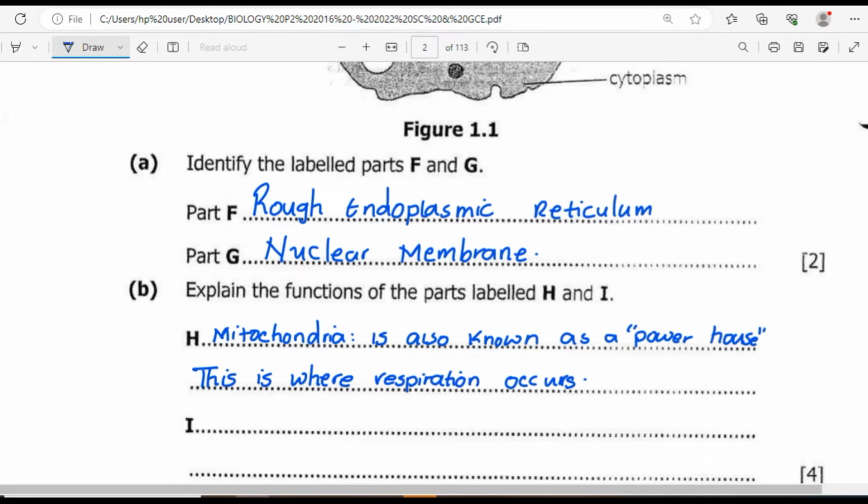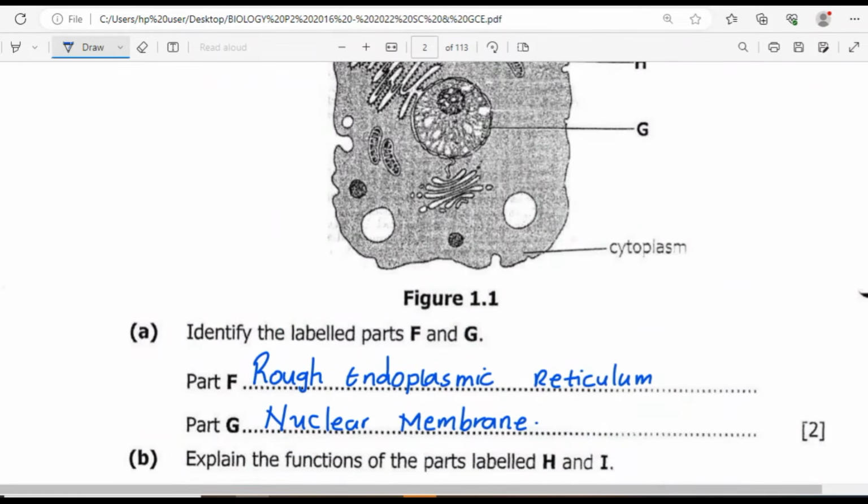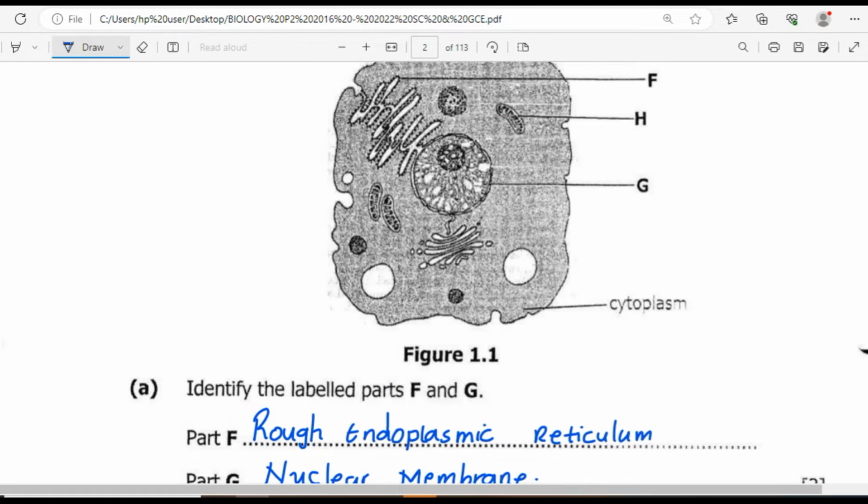If you look at respiration, it gives you the picture of how the foods that we eat, like starch or glucose, are broken down into water and carbon dioxide plus energy. So the whole respiration is about production of energy. That's the name powerhouse. It has to do with the production of energy.